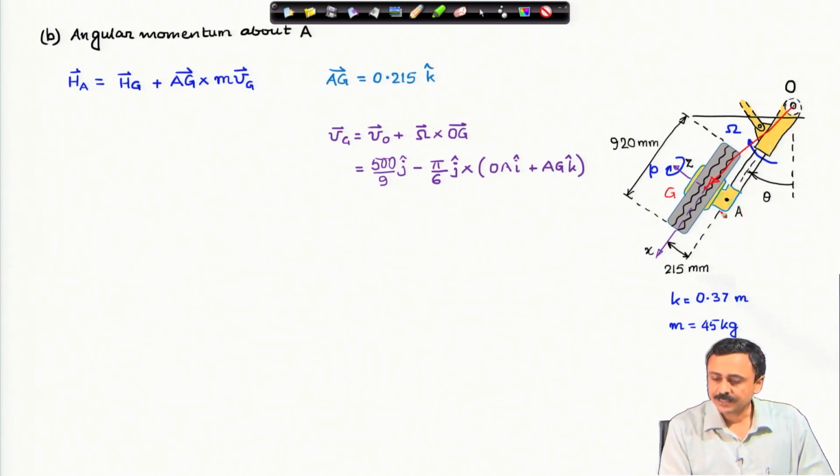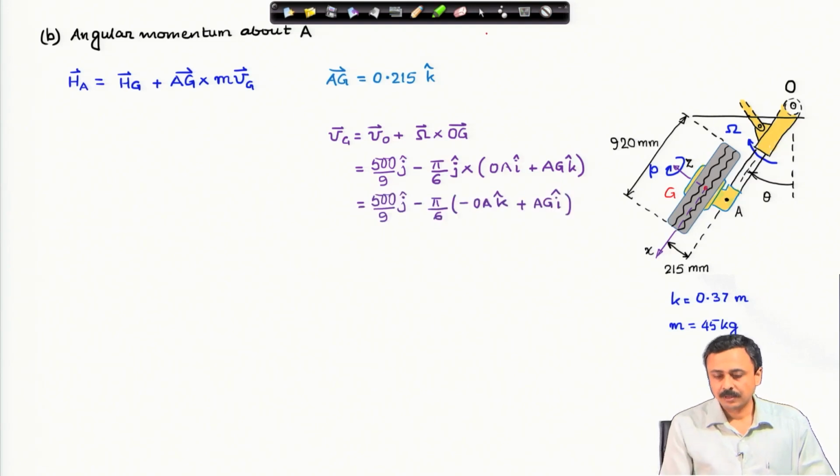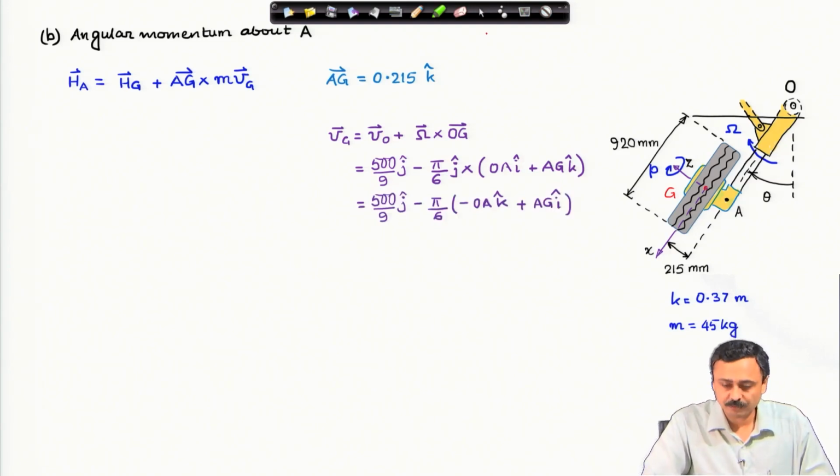Of this, the dimension O A is not specified. Let us see what happens of it. I have taken this cross product and I have found out the velocity of the center of mass.